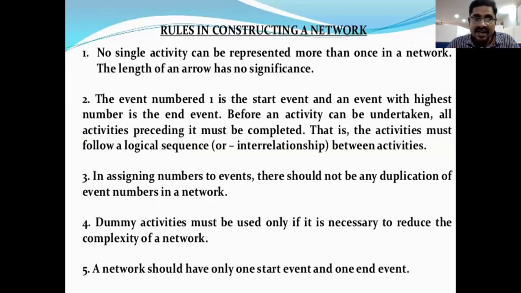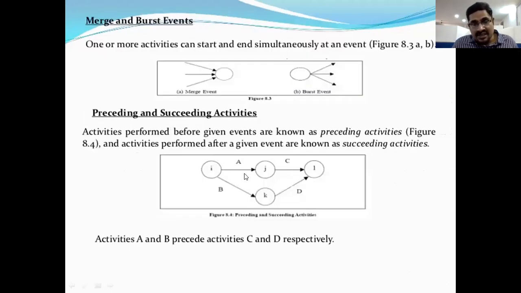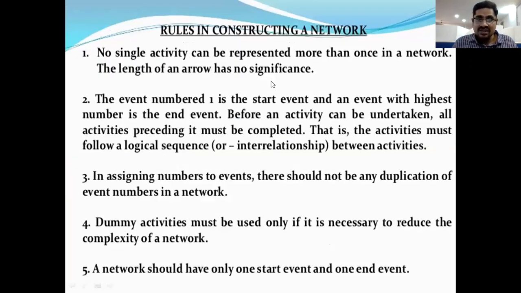No single activity can be represented more than once in a network. The length of an arrow has no significance, right? Look at here, this length of arrow has no significance. Whatever its length, we can assume.